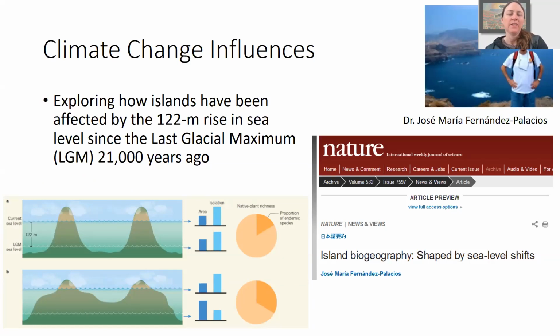And so you can see how sea level rise might have actually changed both the area and potentially the distances between mainlands and islands, but it also might have changed the size of islands. And so that's a cool application that has to do with climate change and species area relationships.